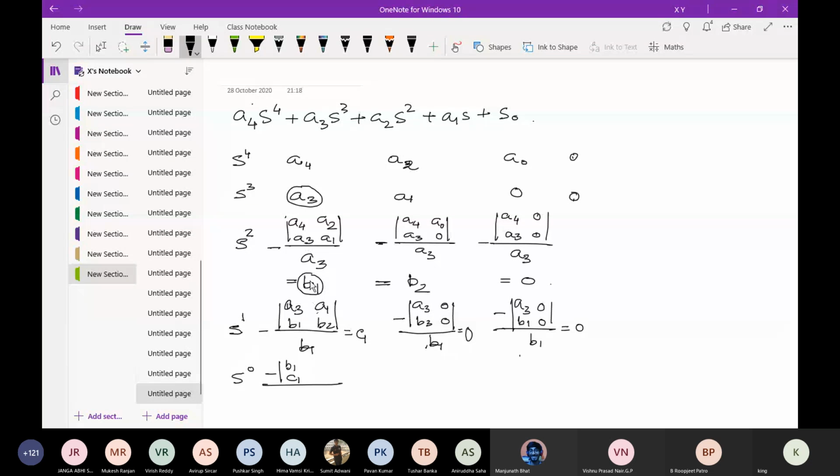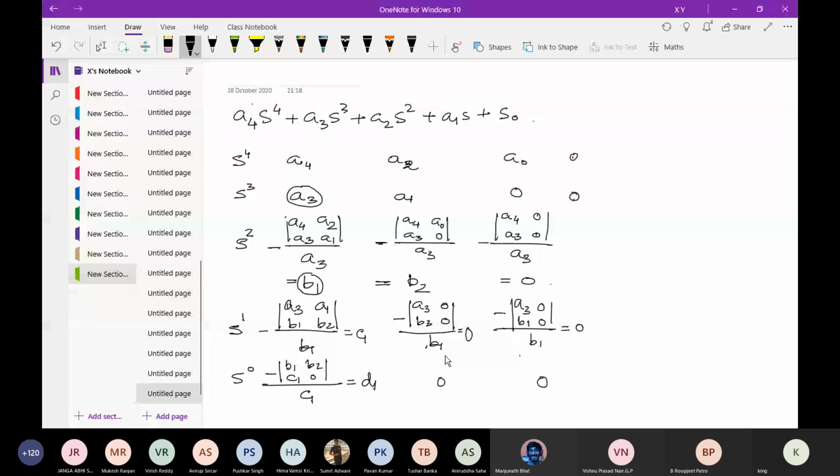We have now moved to these two being our top rows for this determinant, and we'll have B2, 0, divided by C1. This will be a new coefficient D1, and these will come out to be equal to 0. You can calculate and check.